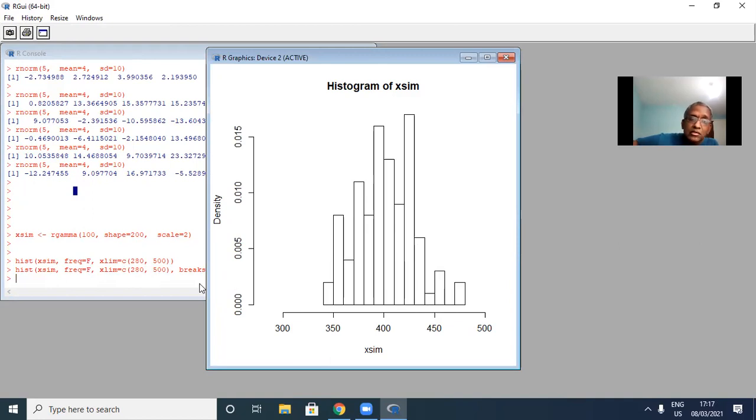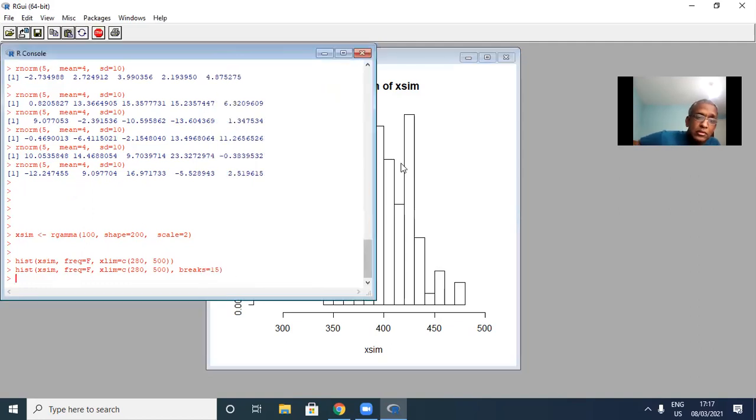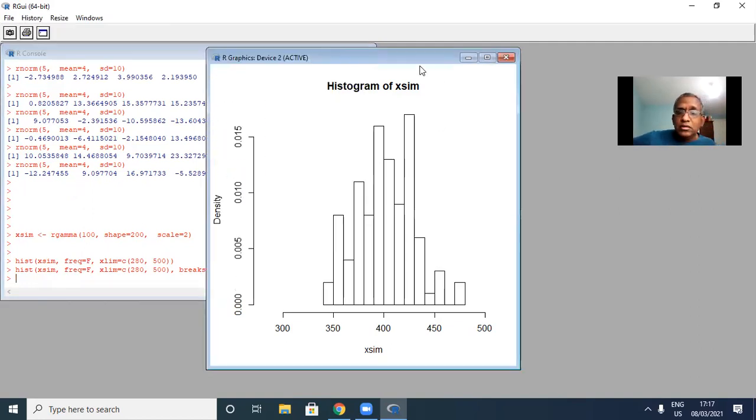So for that reason, we should have the y-axis in the density scale, not in the frequency scale. Therefore, we should have frequency equal to false, not true. I hope you follow that.